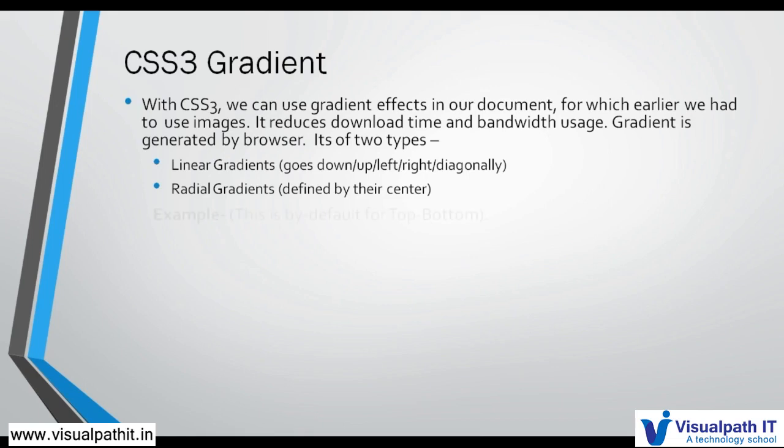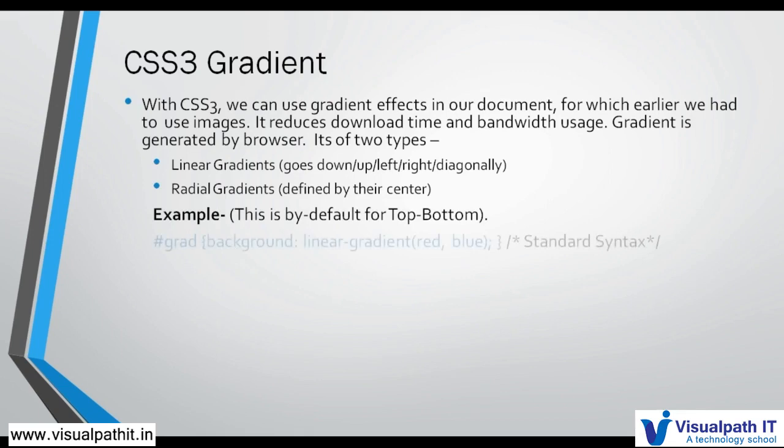So moving next, here is an example. This is the default for top to bottom. To make it a gradient, we need to use this standard syntax, where grad is a short form of gradient, then the opening bracket, under that background, linear gradient, then define the color you need.